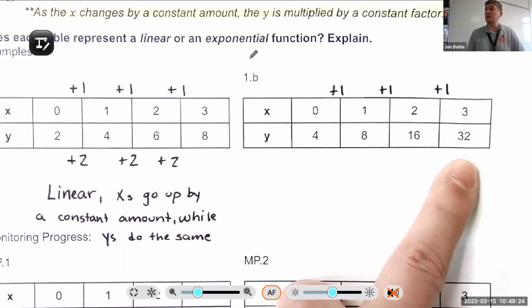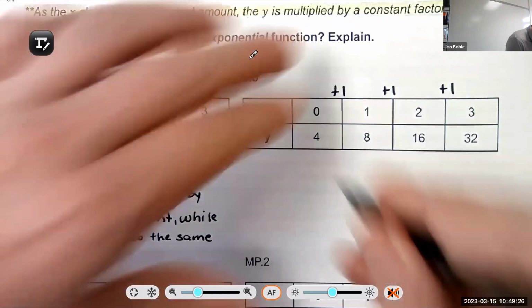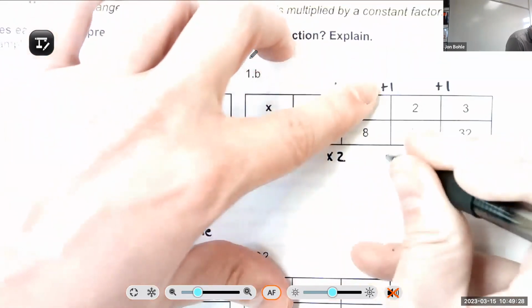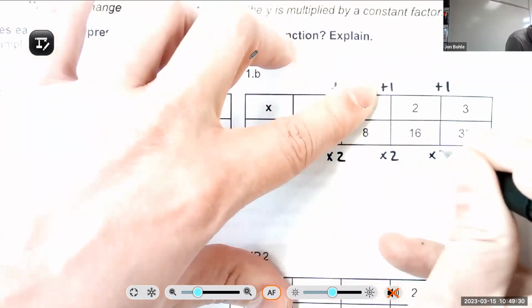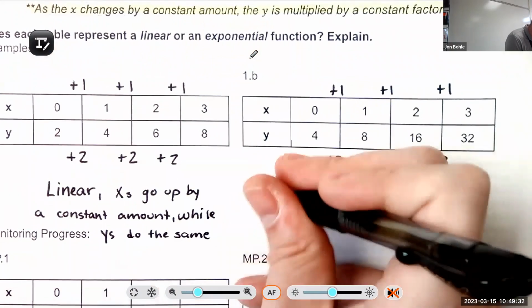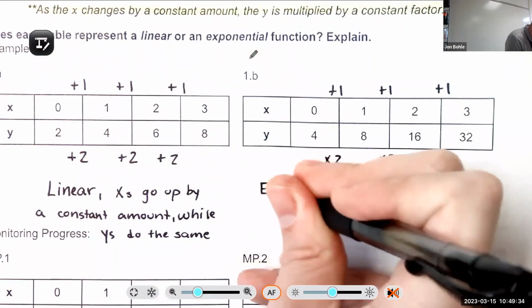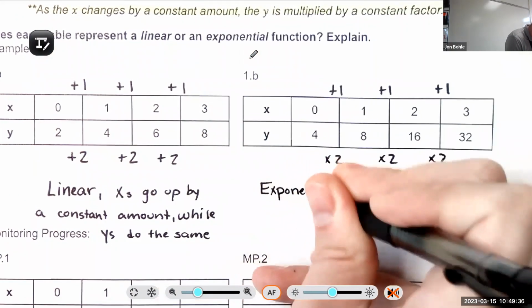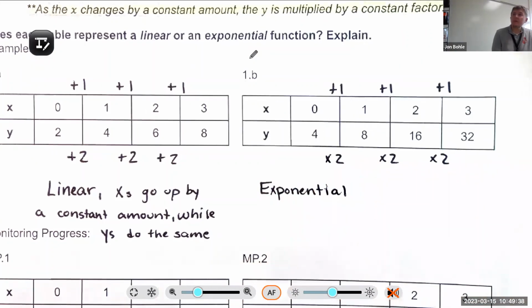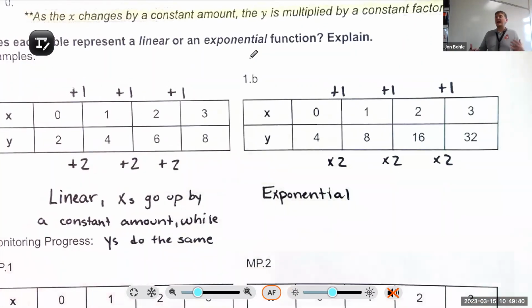Is that times 2? Sure is. So all of these is a times 2 situation. This is the definition of what exponential is. This is exponential. As x's increase by 1, the y's are multiplied by 2.